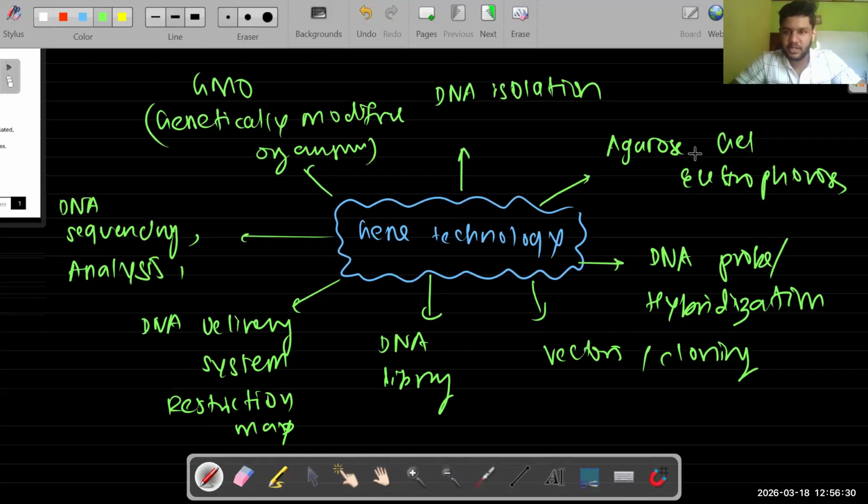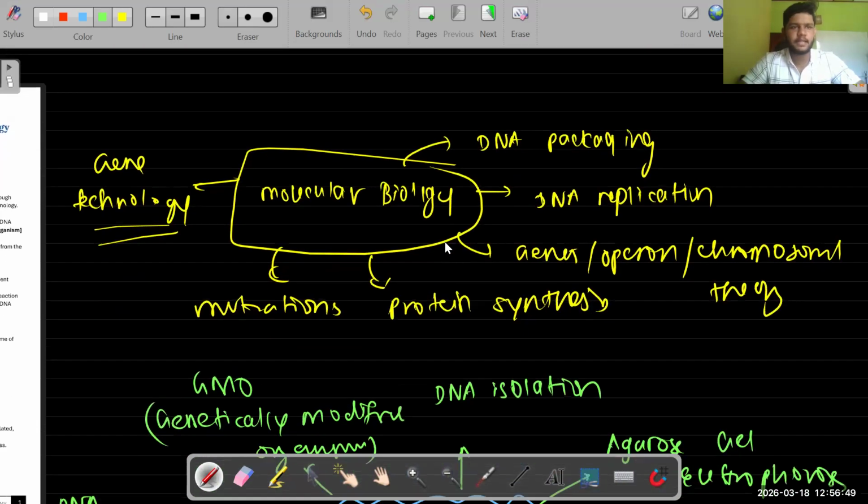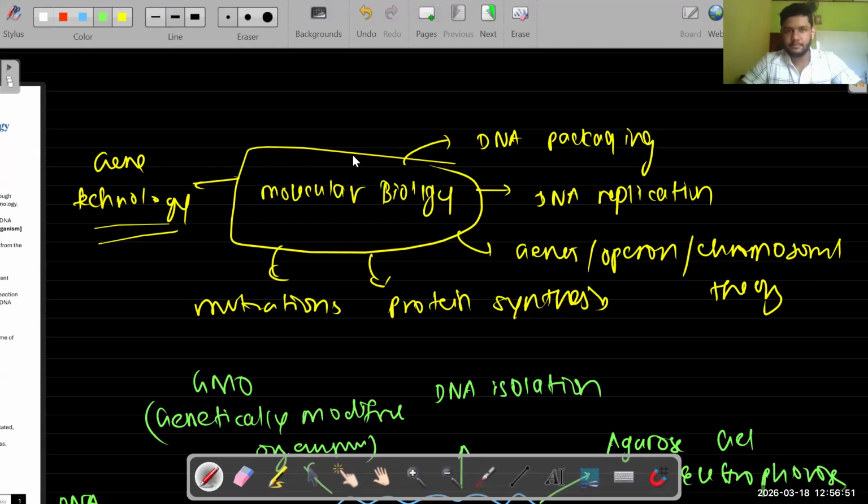DNA isolation and agarose gel electrophoresis, we can complete today, and the next class we can complete the others. These sections are smaller. GMO is the part which has huge content. Then that's it, we can go into the lesson directly.